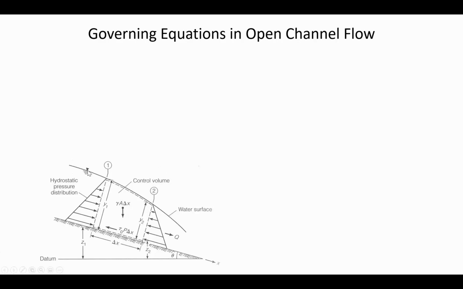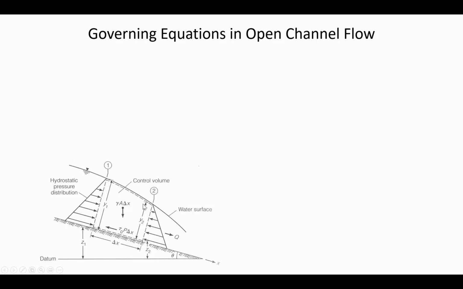So you've got a water surface, and you can see that the depth is decreasing in the direction of flow. The reason they show that is just to emphasize that this equation can apply whether you have uniform flow or non-uniform flow. The same force balance can be done. And here, the depth of flow is decreasing in the direction of flow. See how the depth is getting shallower and shallower?